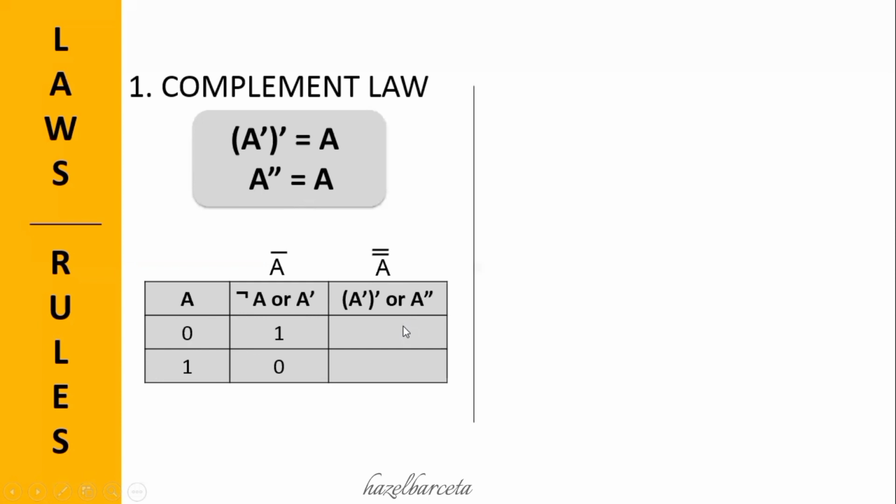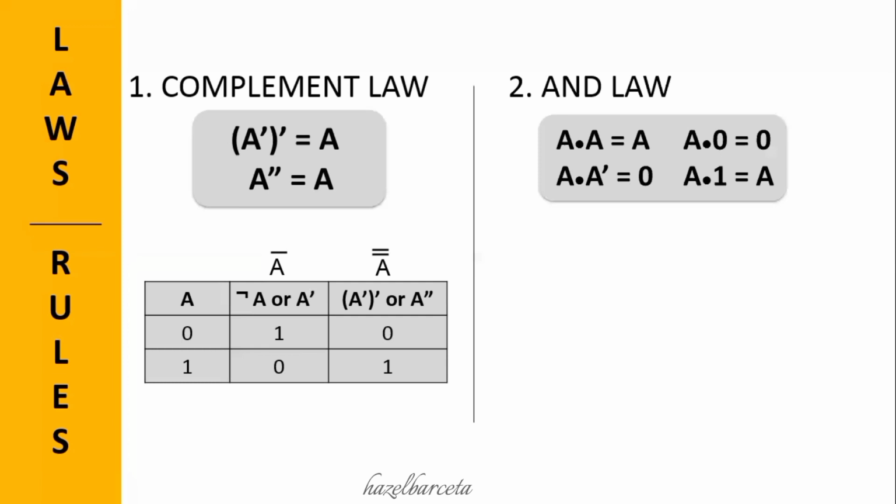Yun po ang ating second negation or second complement. Okay? So, ayan, babalik po tayo kay 0 at babalik po tayo kay 1. Hence, A double prime is equal to A. Okay? Dahil nga po, dalawa lang naman ang number natin, sa kanila lang po iikot. So, the second cycle, babalik po tayo sa original. Okay po.